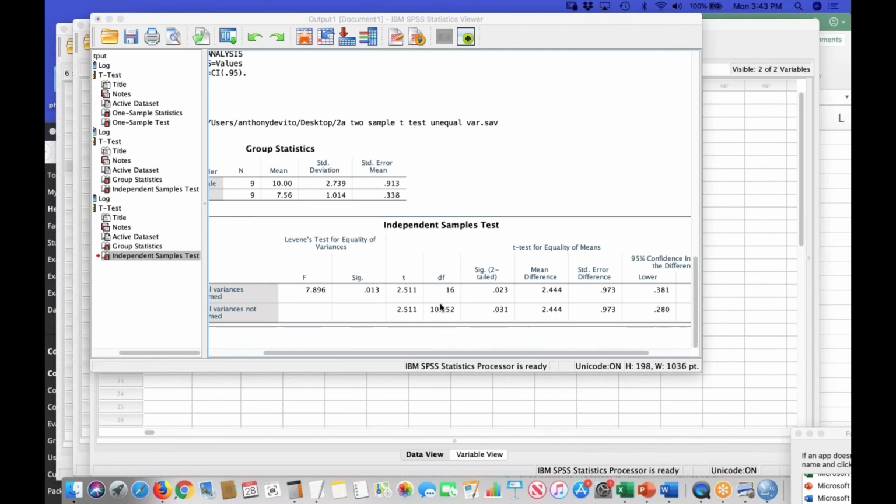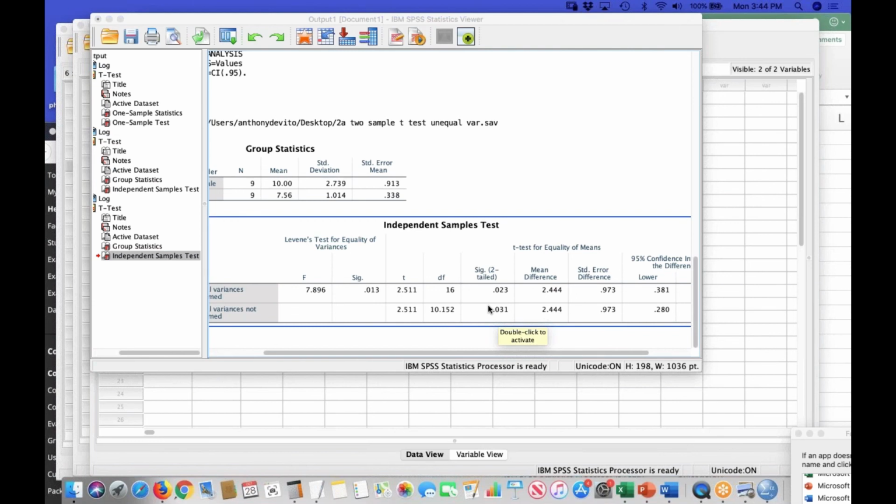In fact, you could do that here. You could say that the degrees of freedom is about 10. You could go to the table, look up what that is, and I'm just going to guess it's something like 2.3 or 2.4. So t exceeds that, and you could reject it just by looking at this and the table. Or why bother when SPSS actually calculates the exact probability for you.